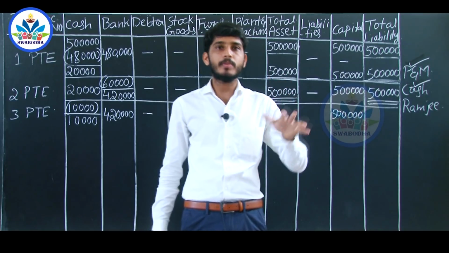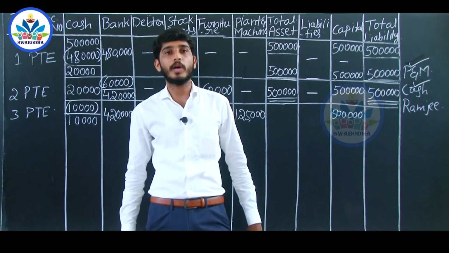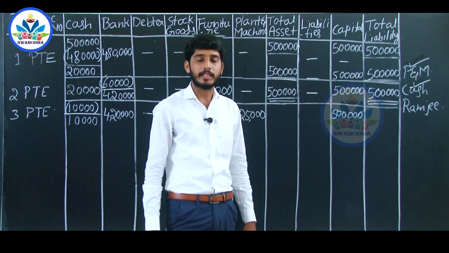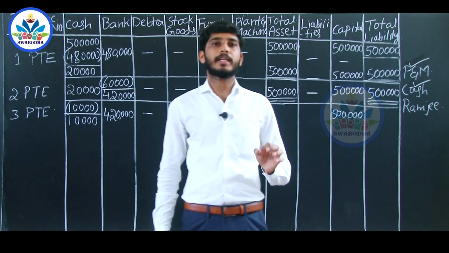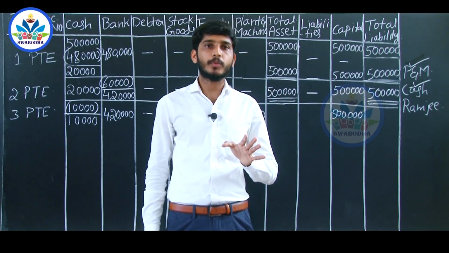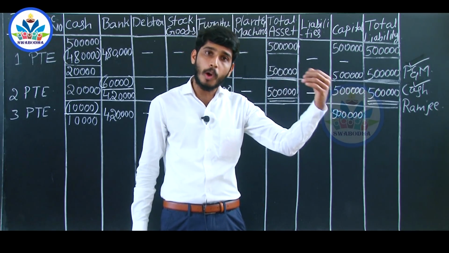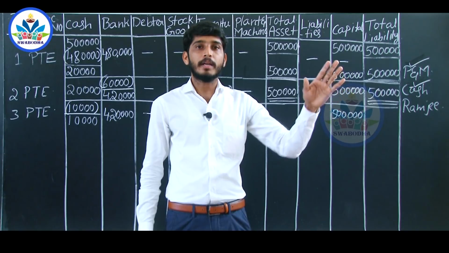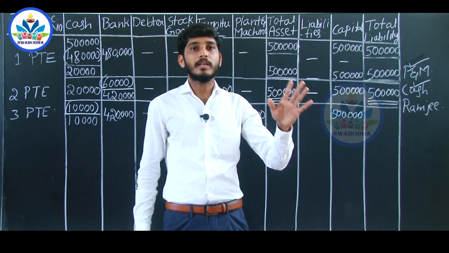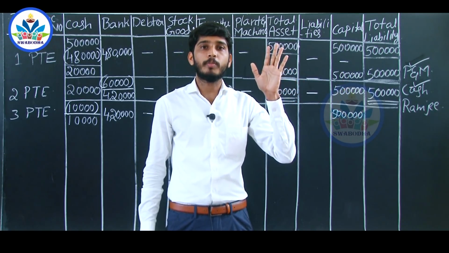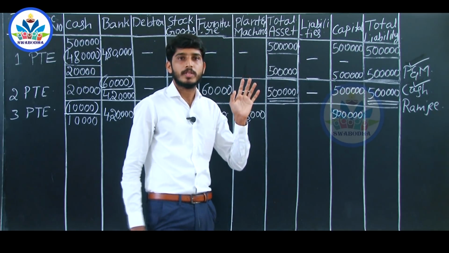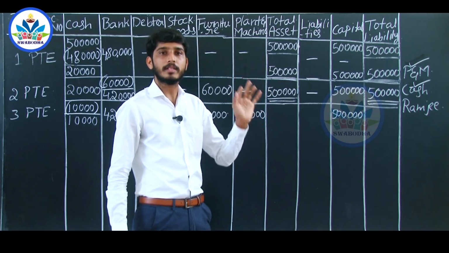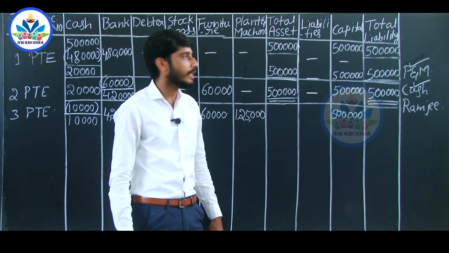You have the responsibility to make the payment to your supplier of goods on credit. The total value of purchase is 1,25,000. Out of 1,25,000, 10,000 is already paid. Remaining balance is to be paid in the near future, that is 1,15,000. So, our liability increases to the extent of 1,15,000.